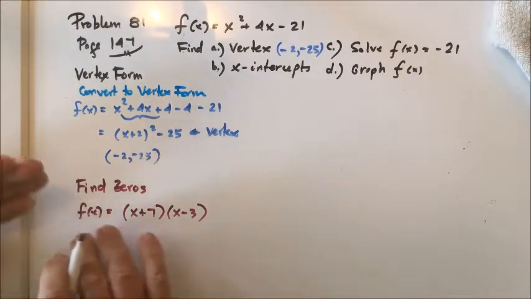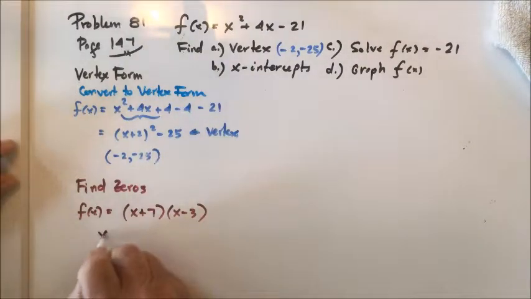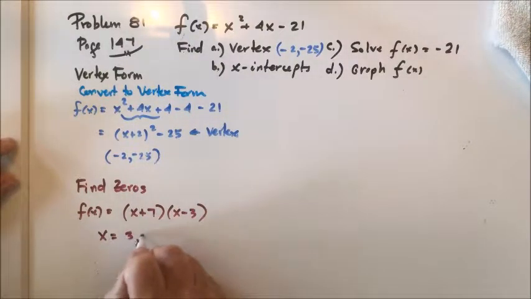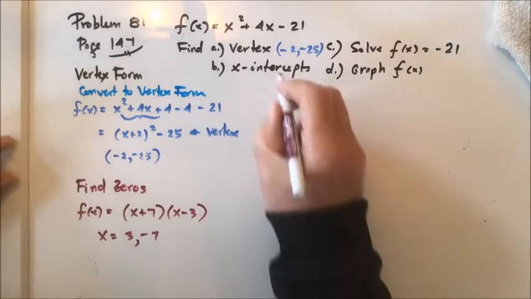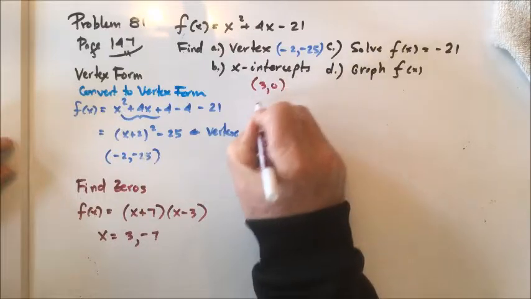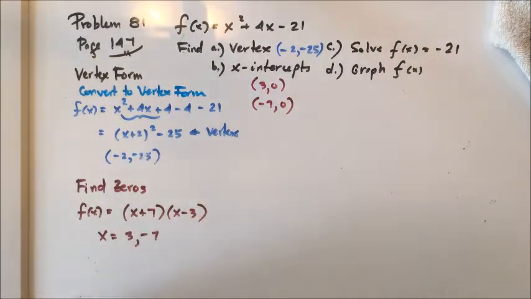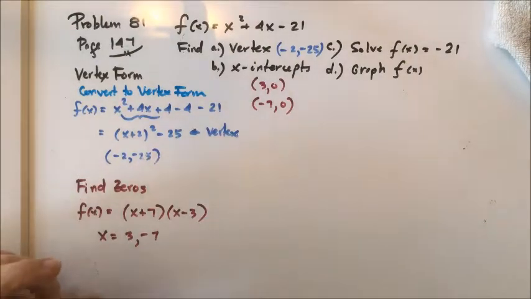And with f now cast in this form rather than vertex form, you can see the zeros instantaneously. They are 3 and minus 7. So there are the x-intercepts: (3, 0) and (minus 7, 0). And maybe I'll leave it at that.